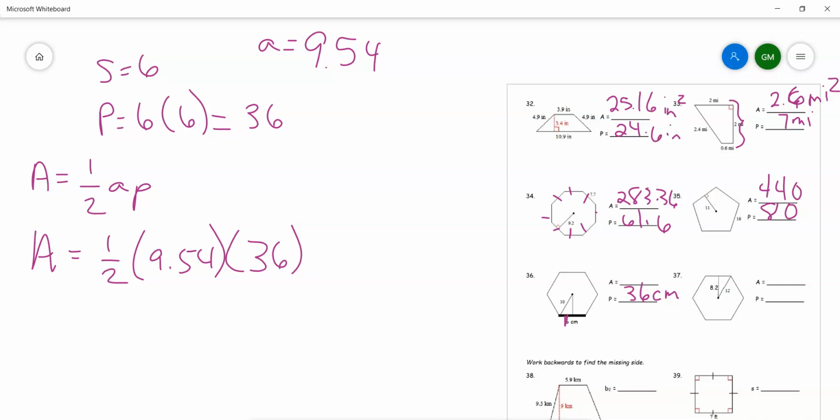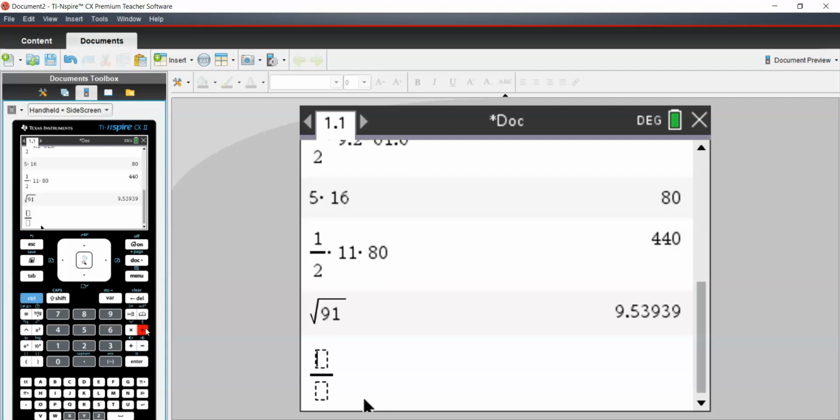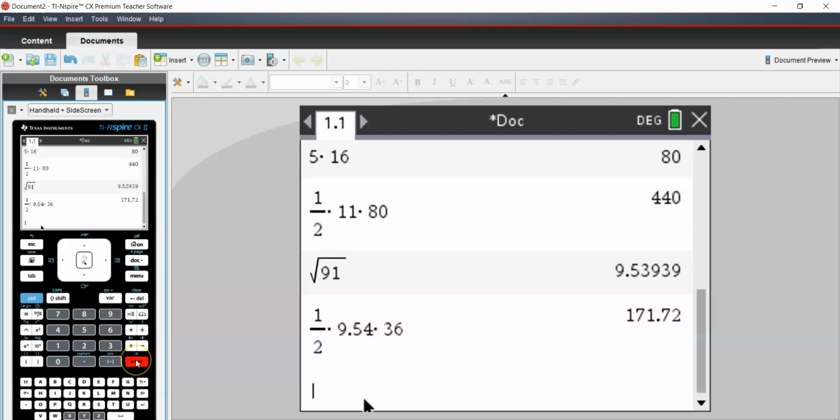Now, if we want to be really technically accurate, we can use square root of 91 as our apothem so that we can be as accurate as possible. Let's see what the difference is. So we get 1/2 times 9.54 times 36, 171.72.